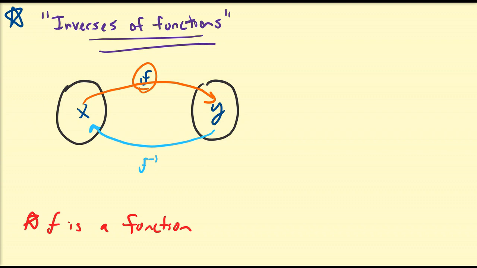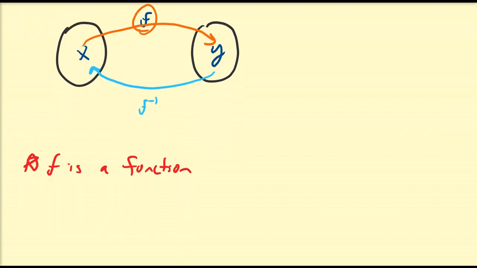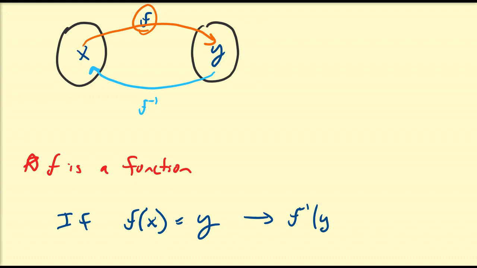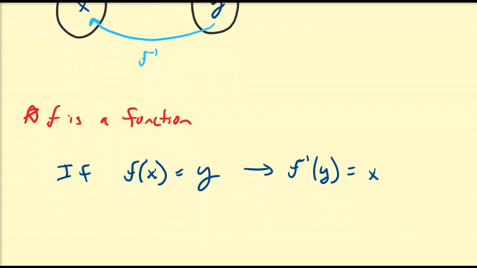So this little function f with this -1 has the property such that if f of x is equal to y, so y is the image of x underneath this mapping f, then we write that f inverse of y is equal to x. So x is the image of y underneath this mapping f inverse. So these two mappings, f and f inverse, definitely do share some relations.